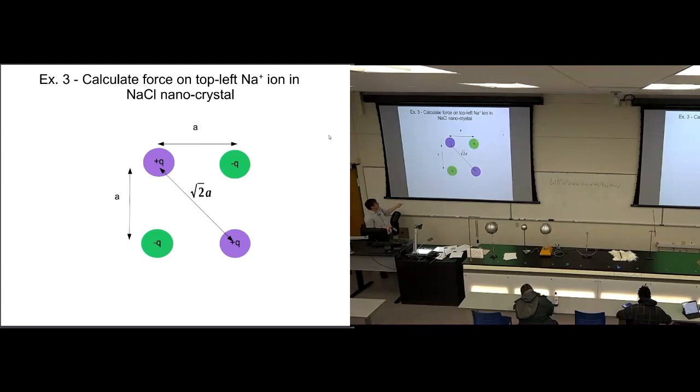They're in green here. And they're in a regular array, a regular lattice, and I've called their separation A. So here's my nanocrystal, and what I'm going to do is calculate the force. I could calculate it on any one of these ions. I'm going to calculate it on this top left ion. What is the net force on this top left ion?